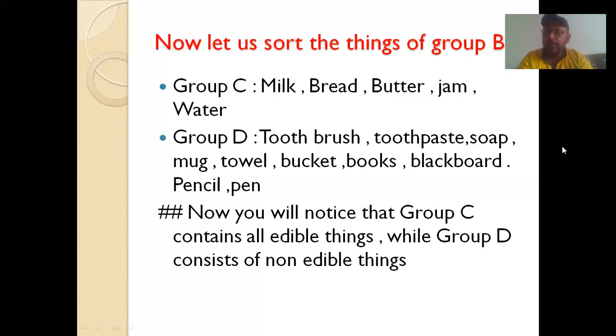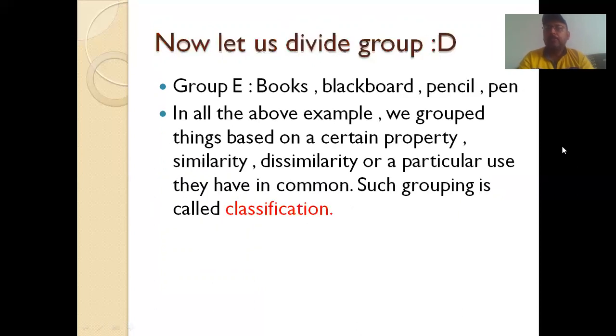So here I used the criteria of edible and non-edible. Now if I would like to further separate group D: books, pen, blackboard, pencil. These things are all used in schools for writing, right?